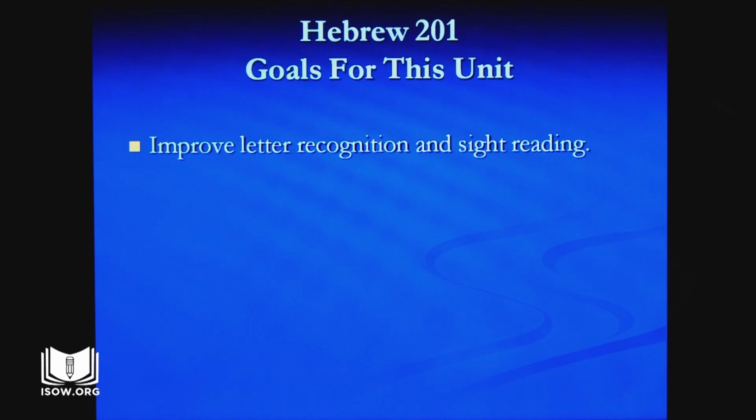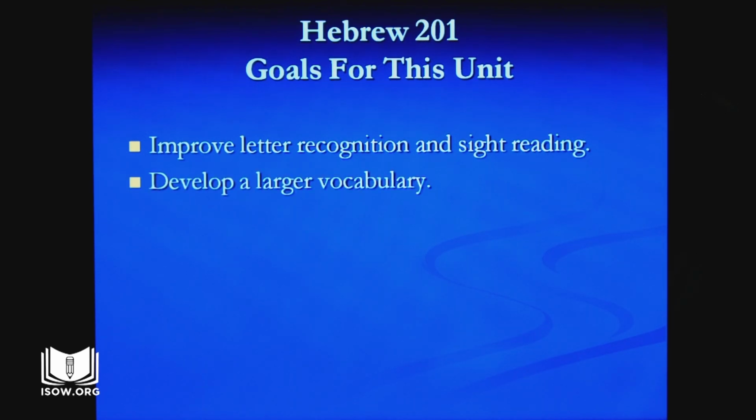As we go through this, we hope to improve letter recognition and get more practice looking at words without having to study them too closely syllable by syllable, but to begin to look at a word and be able to pronounce it. I hope I made sense there.